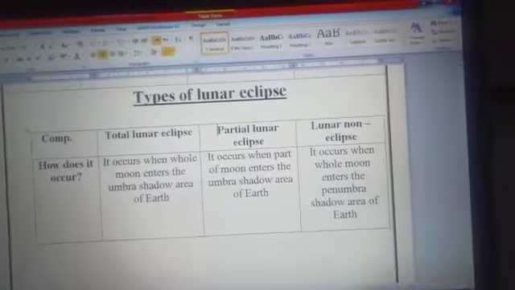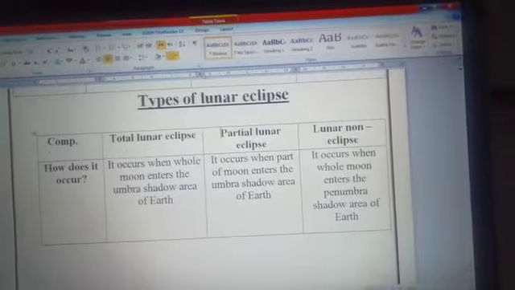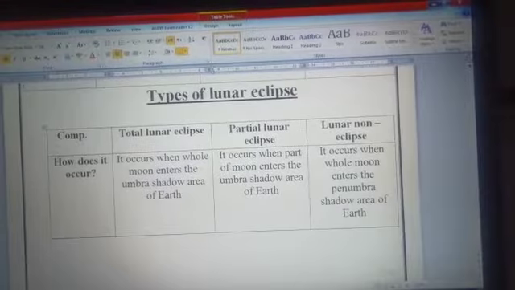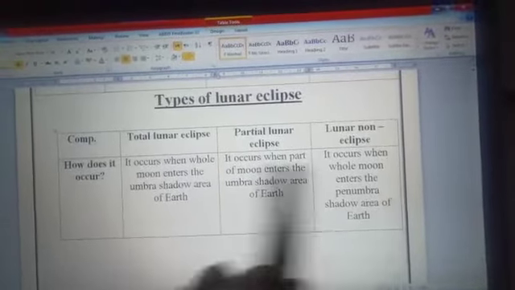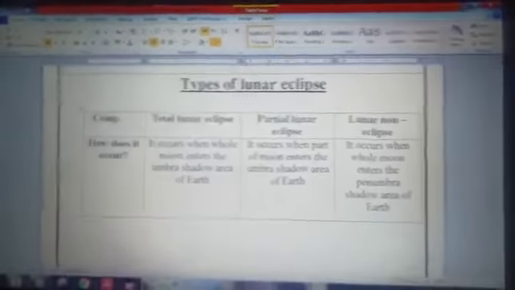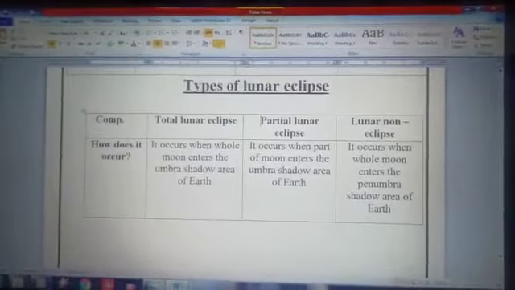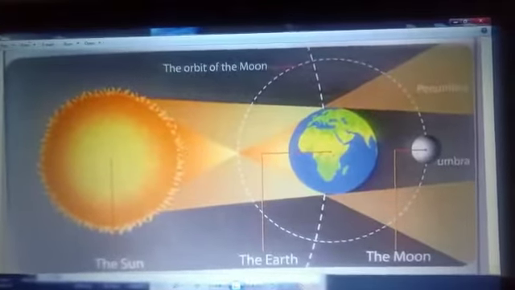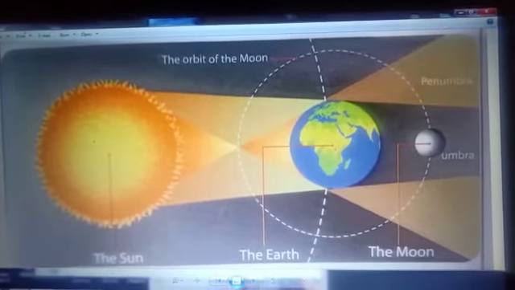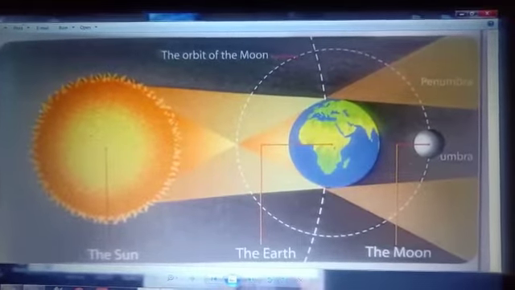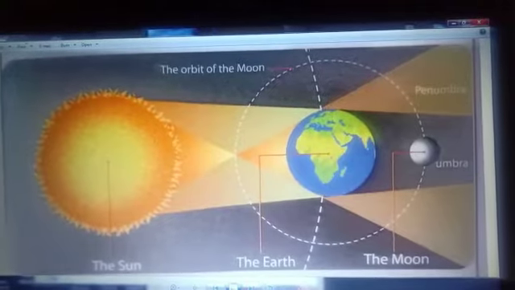Partial lunar eclipse. Not solar, partial lunar eclipse. Actually, we have 3 types, but you will study just 2 types. Okay? So, lunar eclipse is easier than solar eclipse because we will study just 2 types.